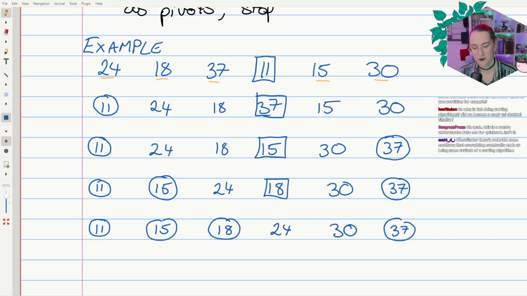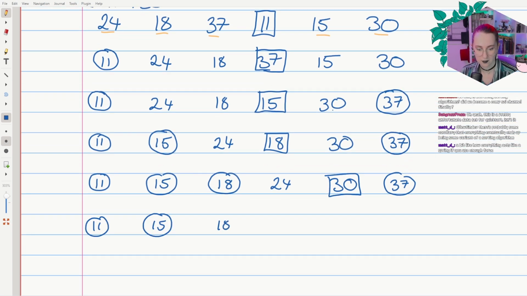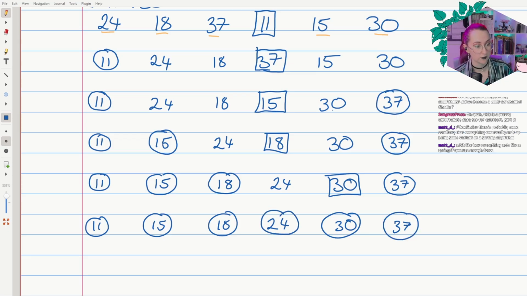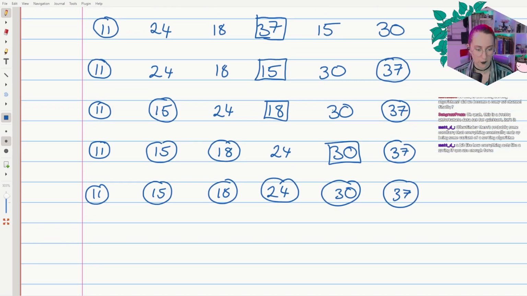And then 30. 30 becomes our new pivot. 11, 15, 18. 24 finally goes to the left, and then 30 is our old pivot. 37. 24 becomes the pivot because it's the midpoint of a list of size 1. And now everything has been a pivot. So the final list is 11, 15, 18, 24, 30, and 37, which is in order.